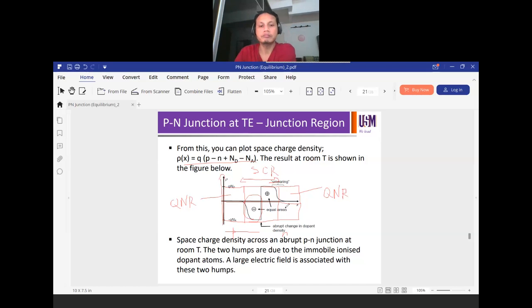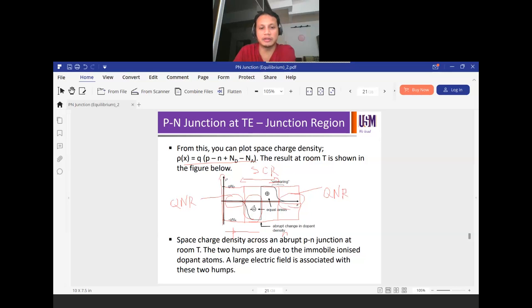If you talk about charge, only the depletion region has charge. So that's why in this plot you don't have any magnitude of charges in the quasi-neutral region. Here it's empty, nothing. Here nothing.